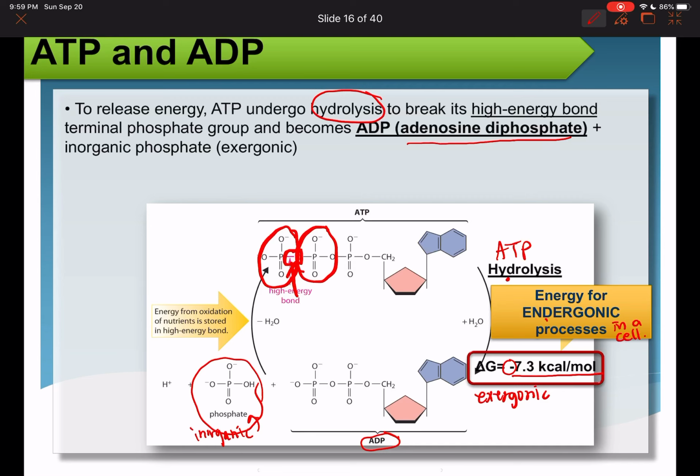Okay, other endergonic processes, not that ATP hydrolysis is an endergonic process. Okay, it can be used to power other endergonic processes.